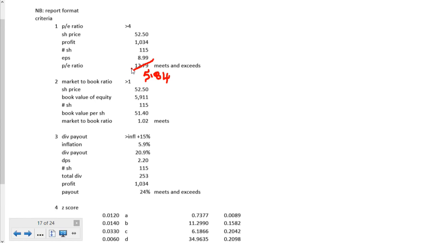If you look at your financial position, it actually says equity, in a box, and it gives you a number. Total equity, 5911, divided by number of shares, 115, gives you a book value per share of 51 Rand 40. Otherwise, you could take the 52 Rand 50 and multiply by the number of shares to compare.